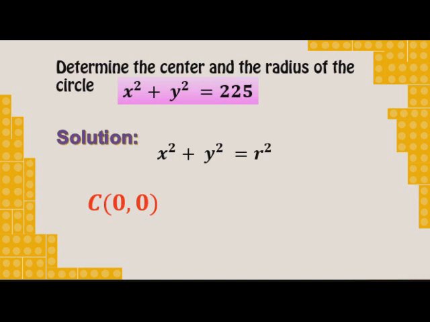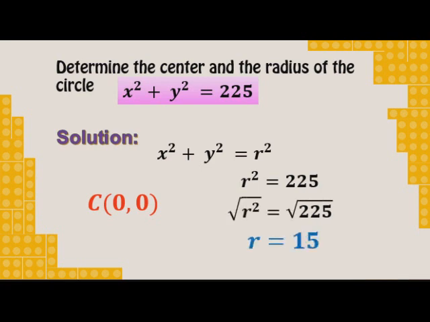Since r squared is equal to 225, we take the square root of both sides of the equation. Then r is equal to 15 because 15 times 15 is equal to 225. I hope you got that. Let's proceed now to the next one.